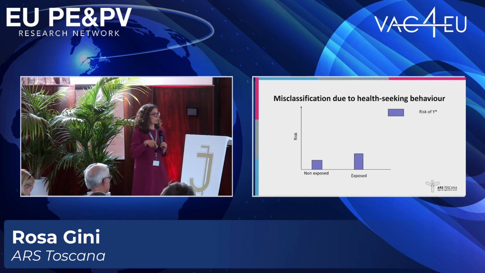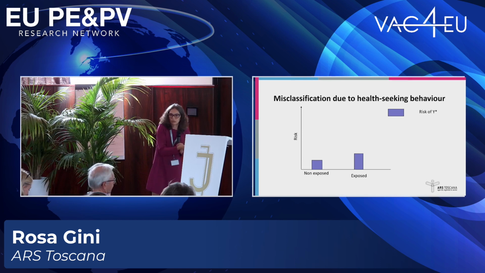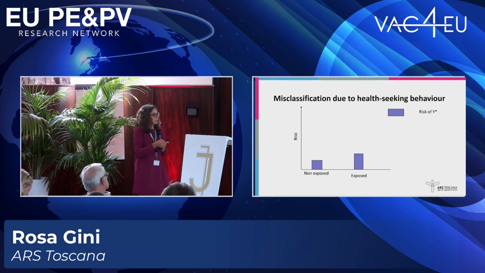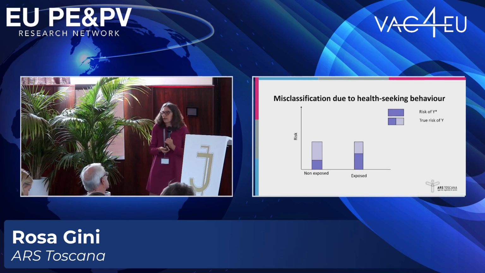Because among your exposed people, those who are vaccinated, if they have otitis, they will go to the doctor, while the other people maybe go less to the doctor, and actually the risk is the same across both, but you just see them more. So this is differential misclassification. That's something we have in our data, and the negative control helps you identify that, because it reveals that there is such a problem.